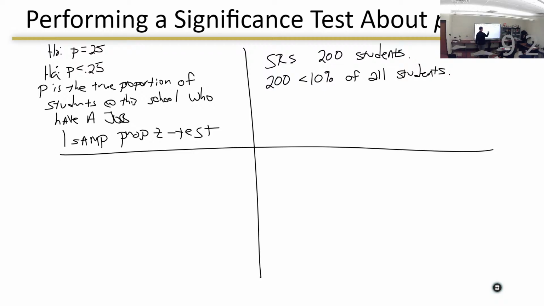And then I have to do 200 n times p, which is 0.25. Don't use my sample. That's 50. And 200 times 0.75 is 450, which is greater than or equal to 10.